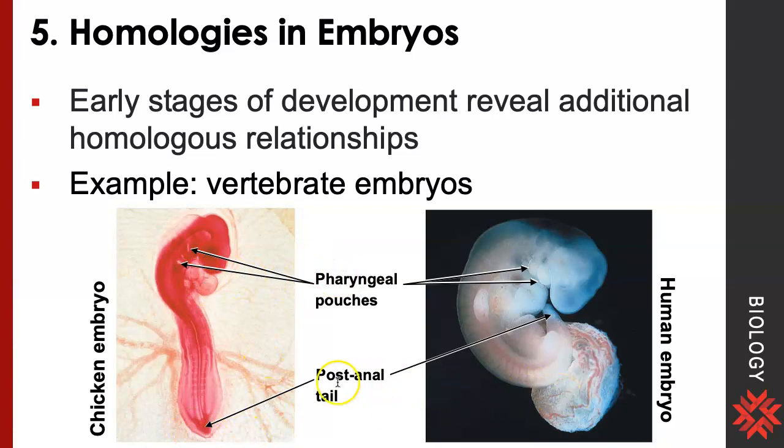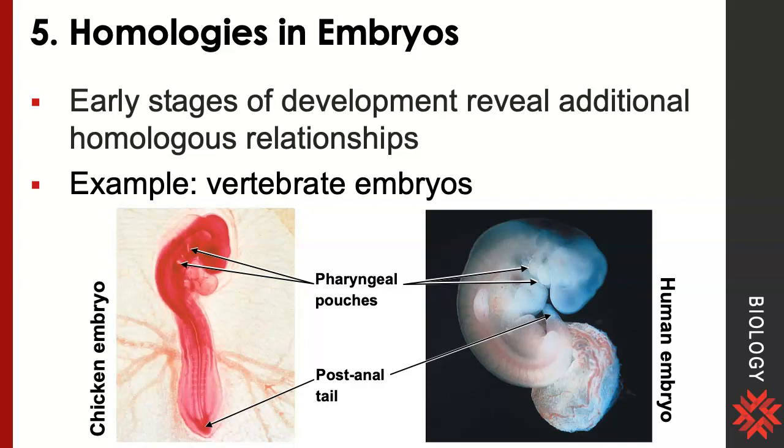They both have this post-anal tail that we'll talk more about later in the course as well. So there are similarities at the embryological state that you don't necessarily see in the adult form. So by looking at these homologies in embryos, it helps to understand relationships as well. So again, all proof of evolution.